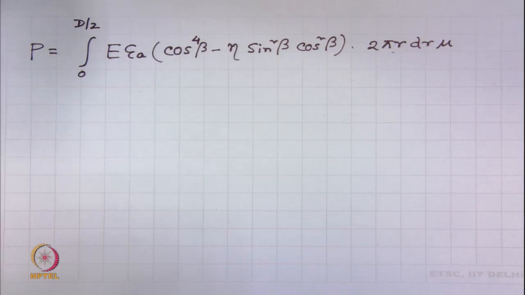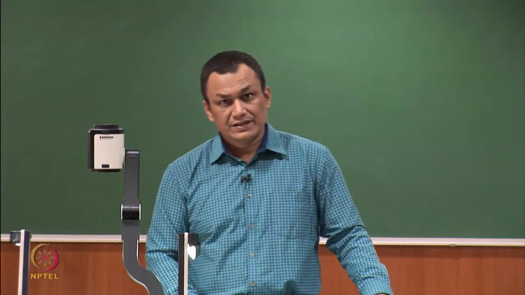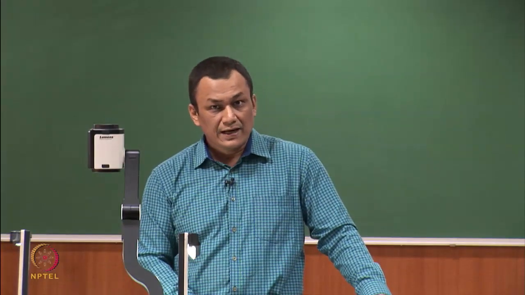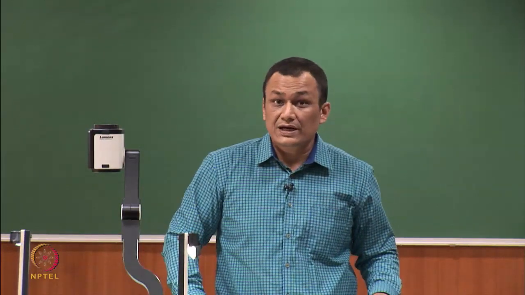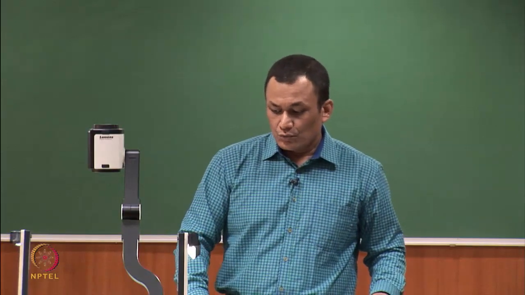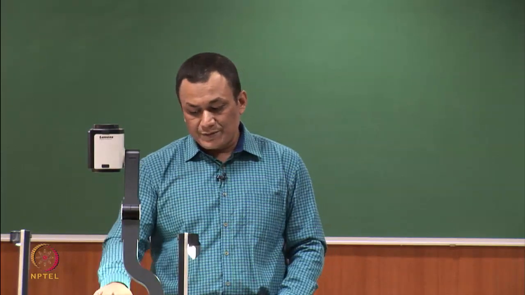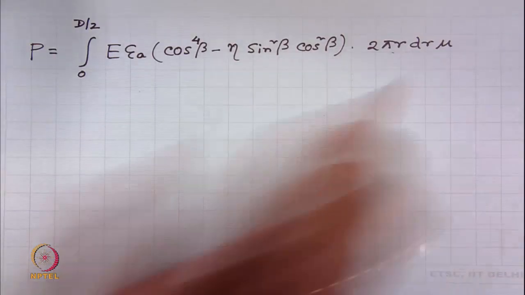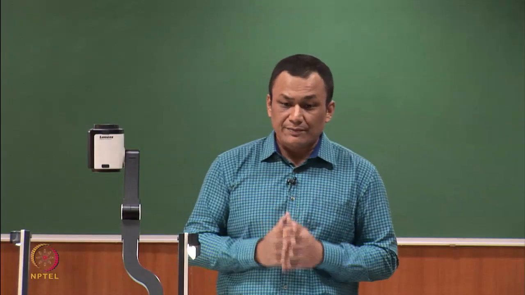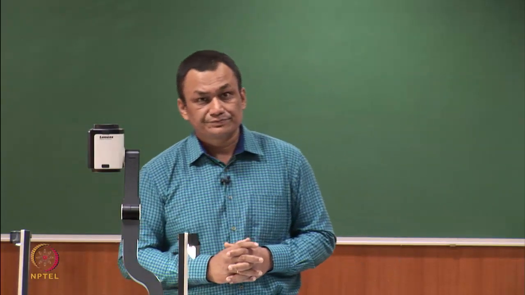Right. In this form of integration, we see two variables, one is beta, second is r, and we know that r and beta are related because tangent beta is equal to 2 pi r z. So, we have to either convert this beta into r or this r into beta, so that we will be able to do the integration.